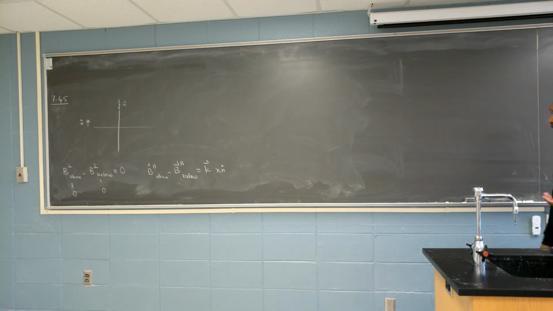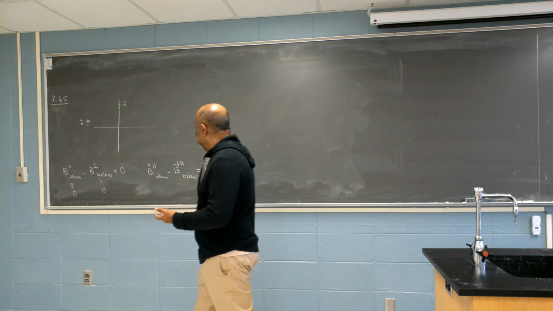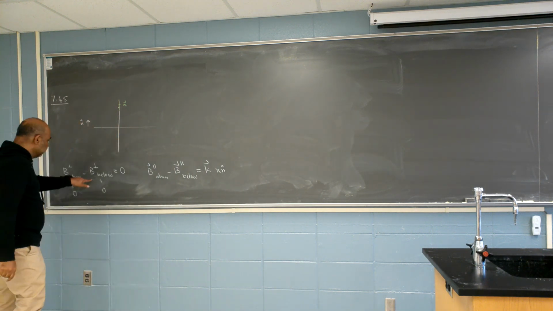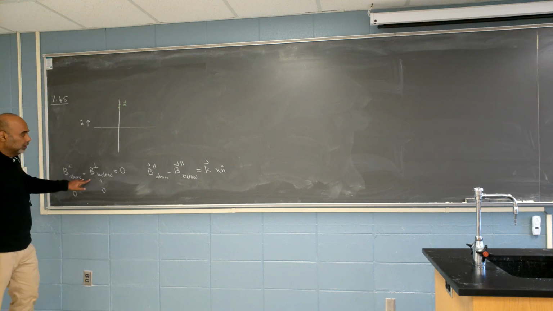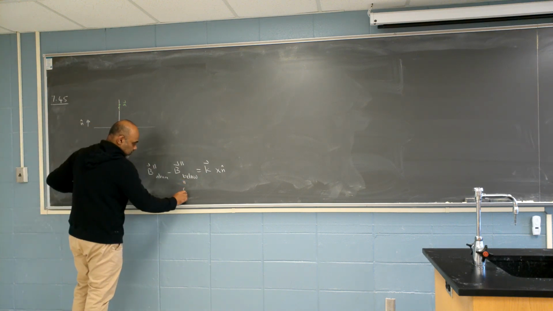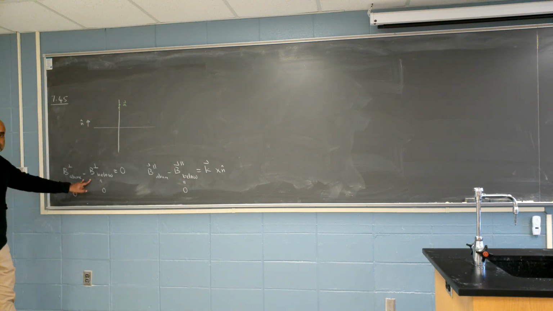So what's going to happen, as we'll see, is we want this condition to be satisfied. If this condition is satisfied, and of course this is zero, that's all we need. We need to make sure B normal is zero.